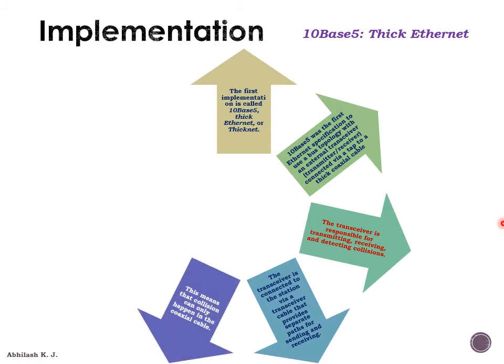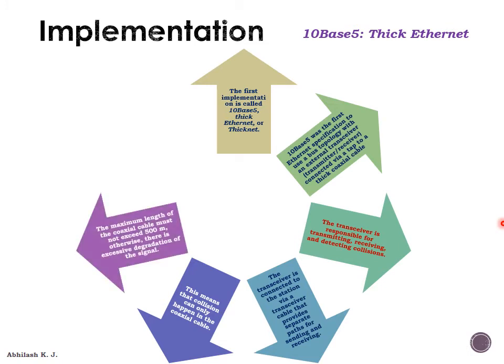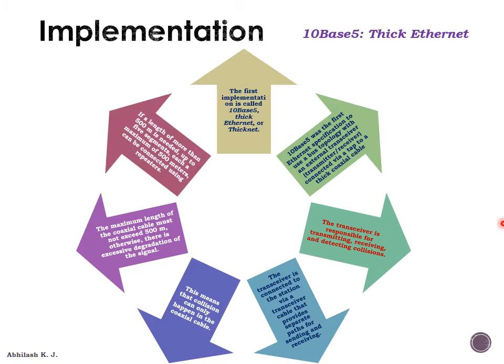So that means the collision can only happen in the coaxial cable here, not in the bus. So the maximum length of the coaxial cable must not exceed 500 meters in this case, else if the length is increased, that will result in the degradation of the signal.